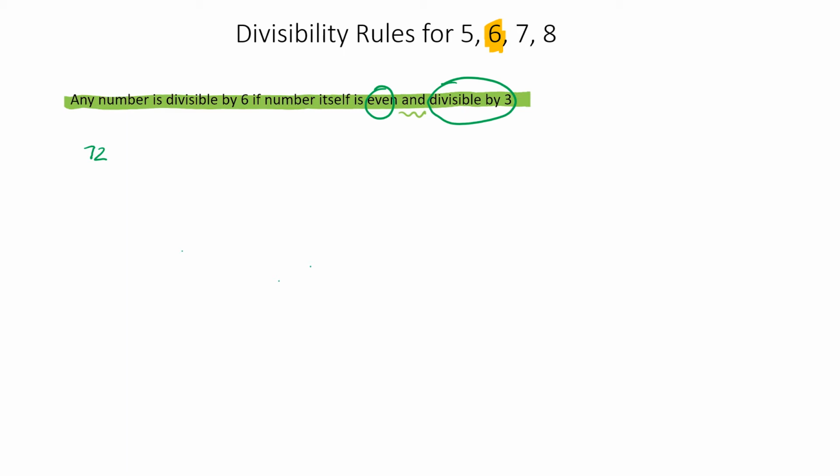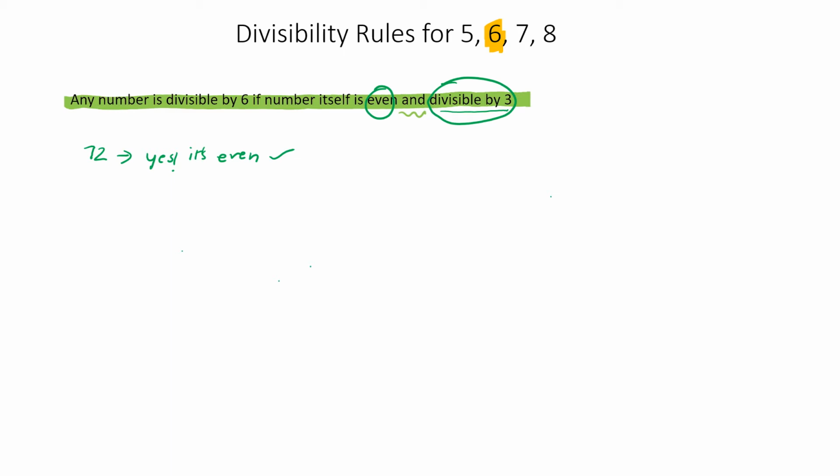And now we're going to check whether it's divisible by 3. Yes, it's even. So that's one tick. Now we have to check whether it's divisible by 3 or not.